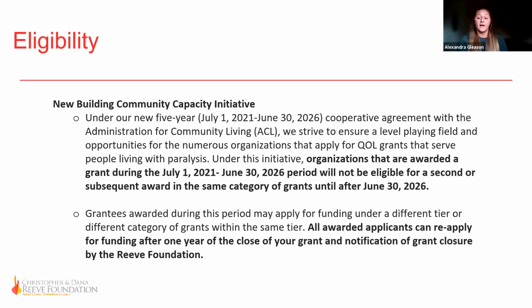Your organization will be ineligible for a second tier 2 assistive technology grant until after June 30th, 2026, but you would still be able to apply for any other category in the same tier or other tiers 1 year after the close of your grant. If you have any questions regarding our new Building Community Capacity Initiative, please email qol@christopherreeve.org with the subject line Eligibility Question.